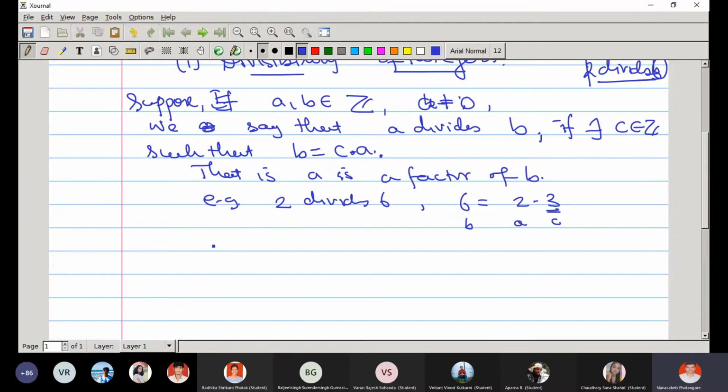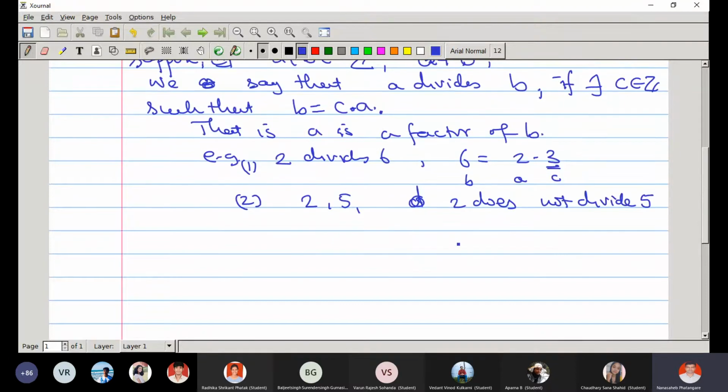That means there is another factor c, and the product is 6. Right. If you look at 2 and 5, 2 does not divide 5. Is it right?